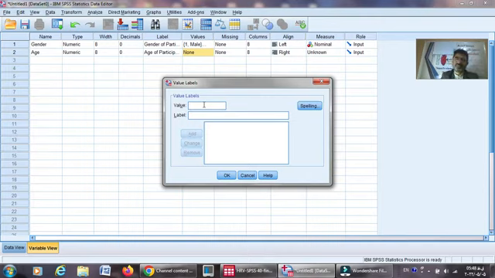We can put value 1 for 22 up to like 26. We add 2 for 27 to 32. Add 3. But we have to be careful when we do our research on postgraduate studies.